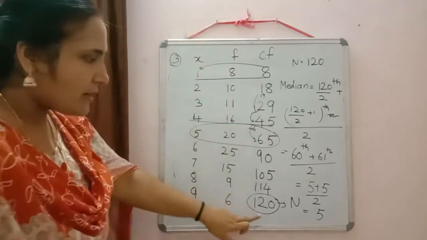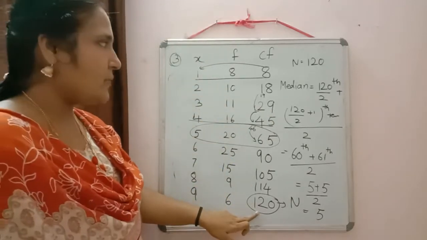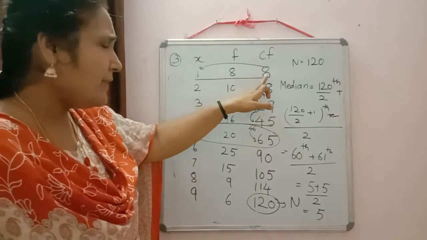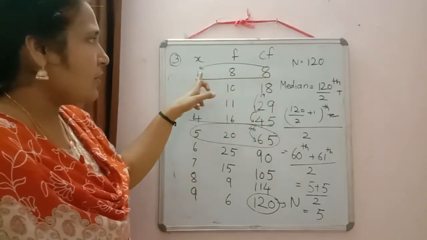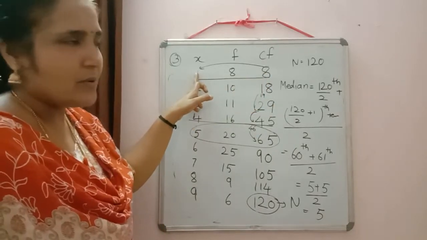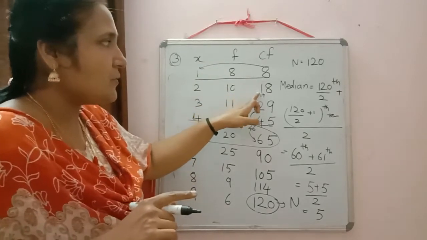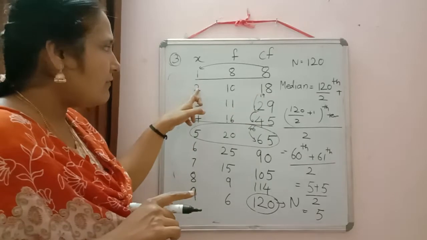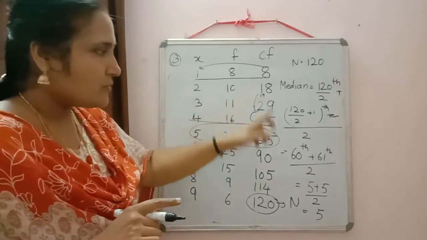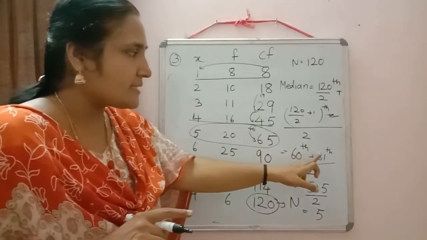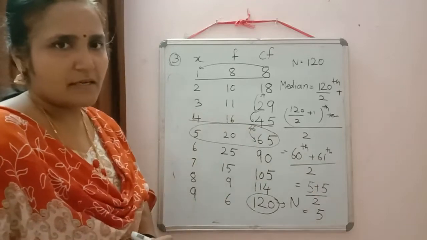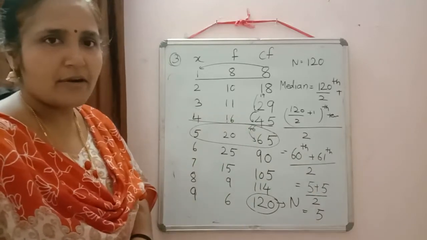And then we got n equal to 120. So 8 means till the 8th observation all values are equal to 1. Then from the 9th observation to the 18th observation all values are equal to 2. So in this way we calculated the 60th and 61st observation. I think this method is clear to you.